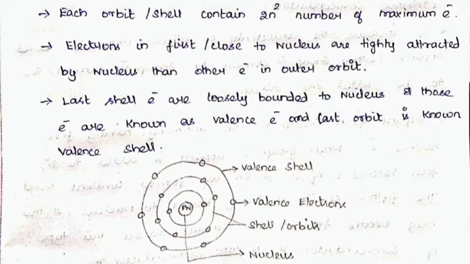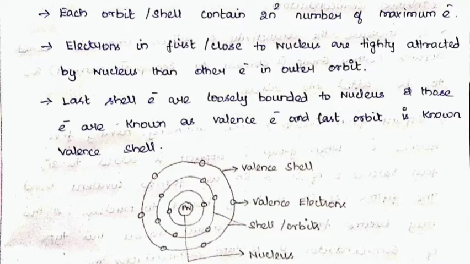So we can conclude like this: the first or closest orbit electrons are very tightly bound to the nucleus, and the last shell electrons are loosely bound to the nucleus, and those electrons are known as valence electrons. I repeat once: the electrons present in the last orbit are known as valence electrons, and the last orbit is known as the valence shell.